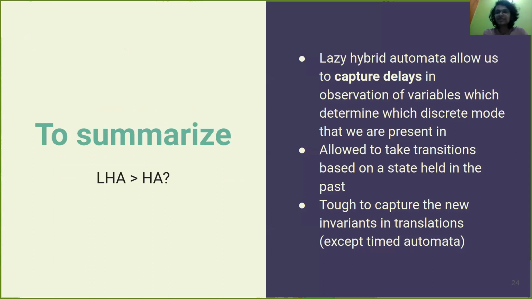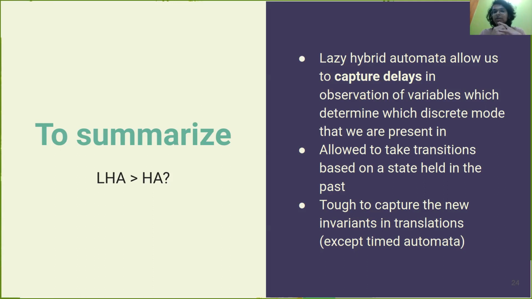Now, to summarize, lazy hybrid automata allow us to capture delays in the observation of input variables within hybrid systems. And these input variables do not affect the dynamics within the system, but only affect which discrete mode or location we are present in.